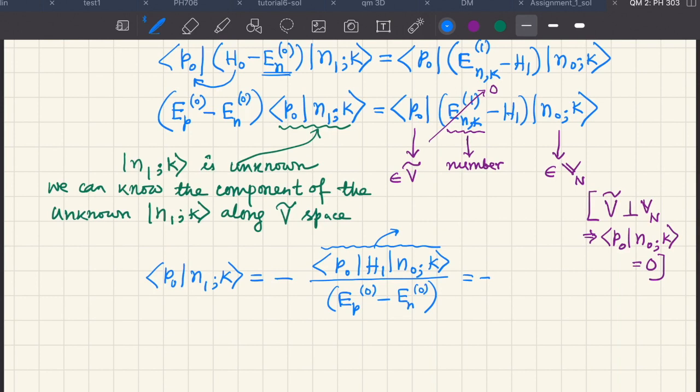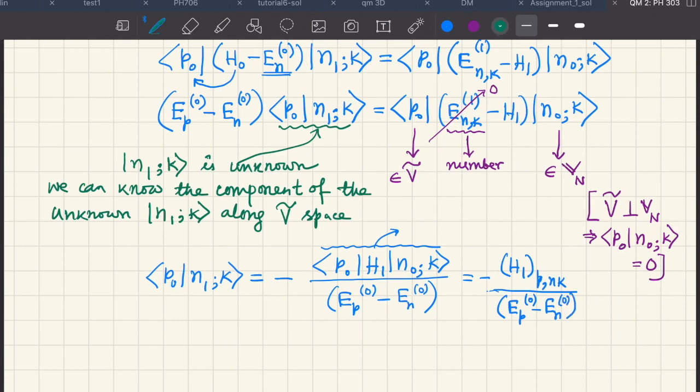So this is nothing but minus H^1_{p,nk}, that's the notation we were using, divided by E_P^0 minus E_n^0.